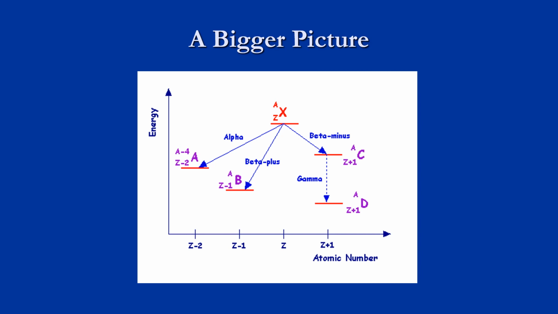And in this graph, we can show the emission of gamma as well. So remember when the isotope's emitting gamma radiation, gamma is just a high energy photon. So that's going to reduce the energy level of the isotope. So just another way to visually show an isotope trying to become more stable.